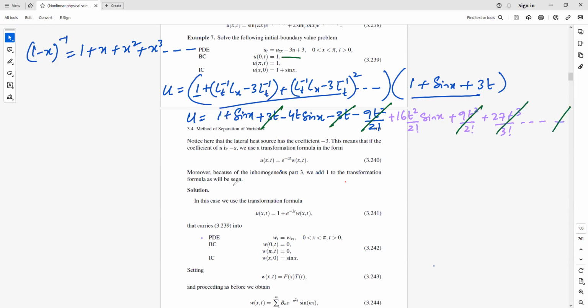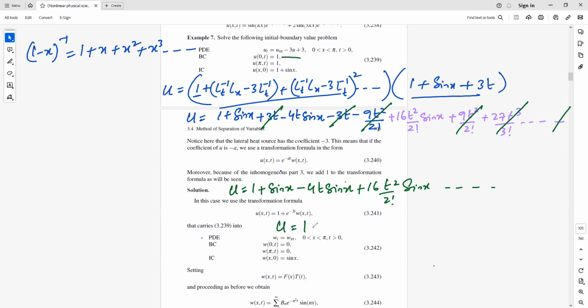So we are only left with this term, that is 1 plus sine of x minus 4t sine of x and plus 16t squared over 2 factorial sine of x, and so on.